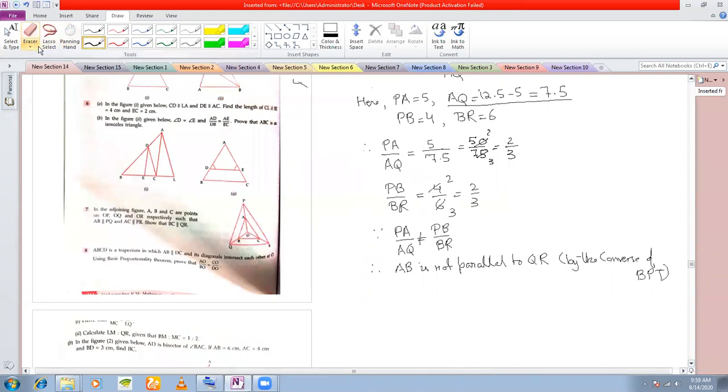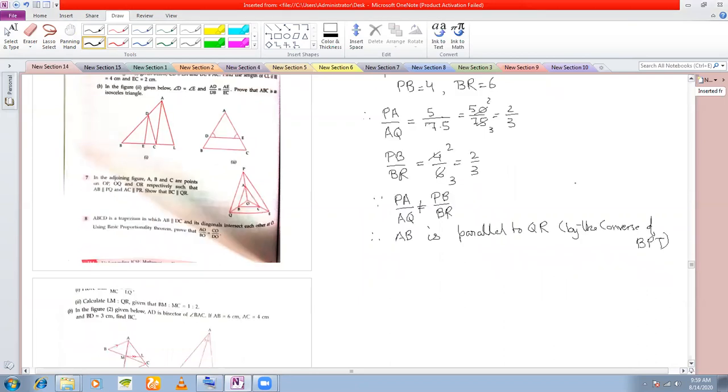Then I can say AB is parallel to QR by the converse of BPT. Right? Any questions here? If they are not equal, then you will say they are not parallel. If they are equal, then you will say they are parallel by the converse of BPT.